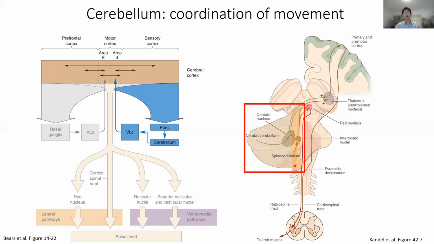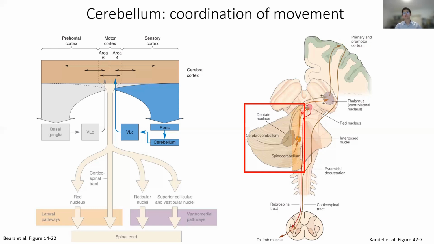The other output of the cerebellum is connected to the primary motor cortex and premotor cortex, although it has to go through the thalamus to make this connection. Once it reaches the primary motor cortex, it goes down to the spinal cord to control the muscles.